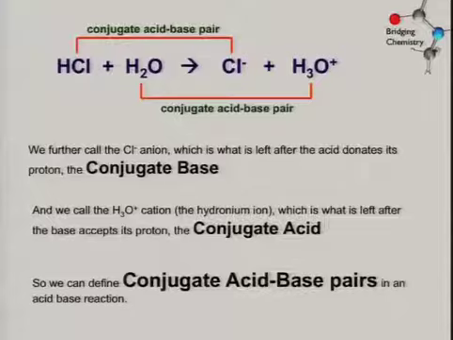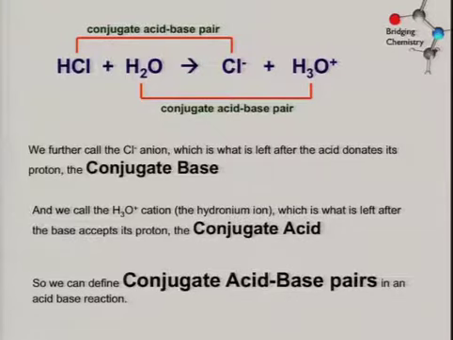So HCl and Cl-, H2O and H3O+, these would be conjugate acid-base pairs. And so in our equation up here, those would be them there. The HCl and the Cl-: HCl is an acid, Cl- is a conjugate base, and then H2O and H3O+, where the H2O is a base, and the H3O+ is the conjugate acid.